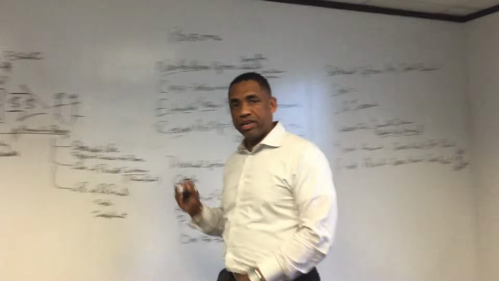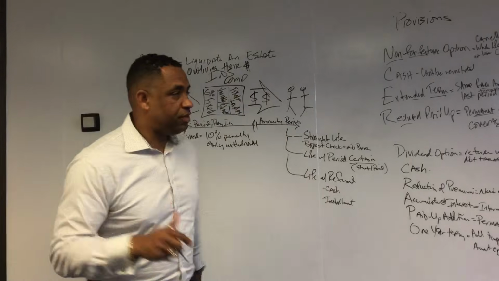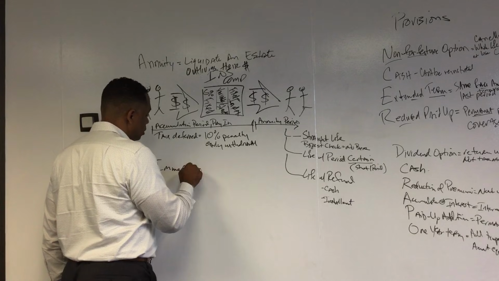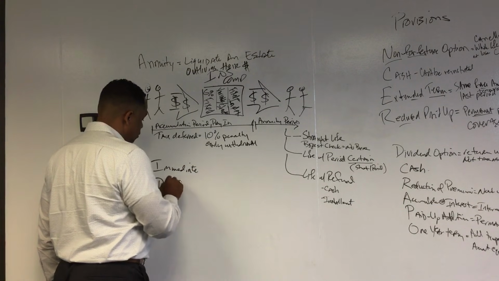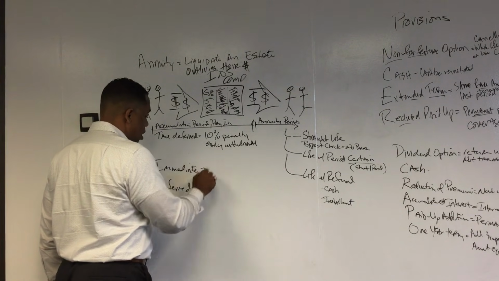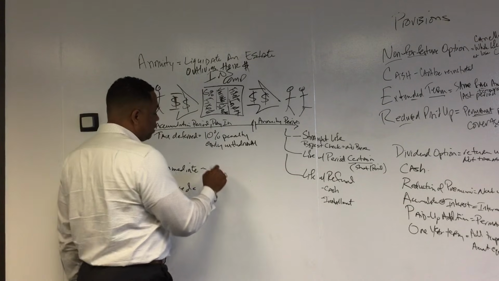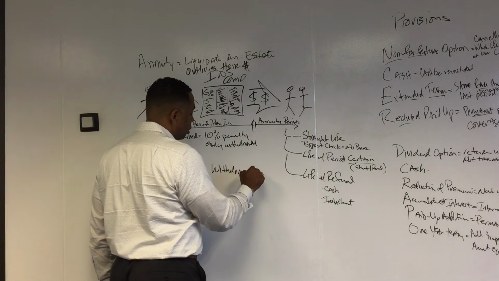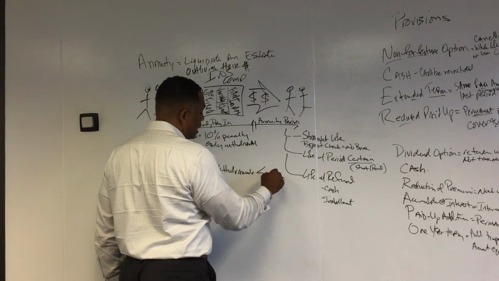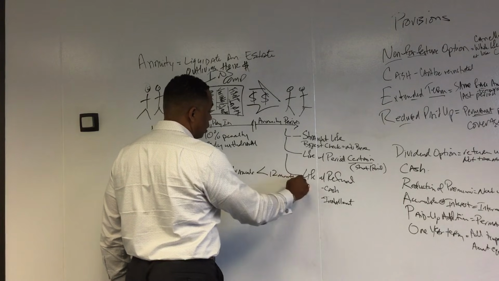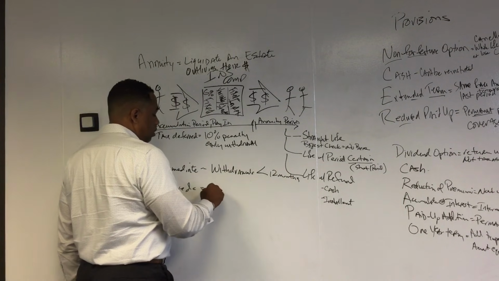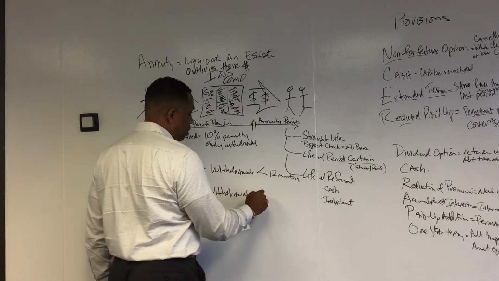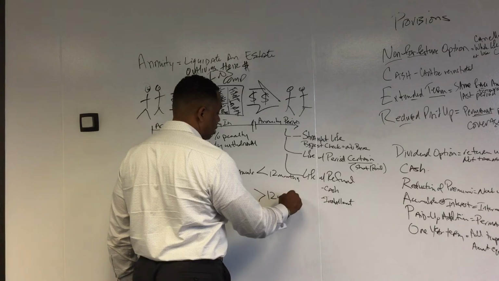Which reminded me, back over here on these annuities, there are another 2 different types of annuity, called an immediate annuity and a deferred annuity. An immediate annuity, if you start making any withdrawals in less than 12 months, versus withdrawals over 12 months.